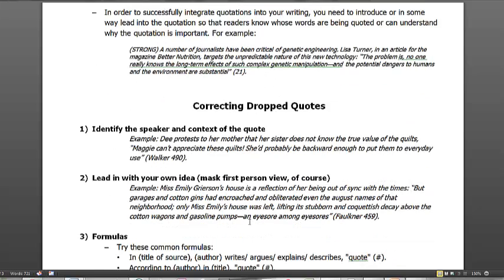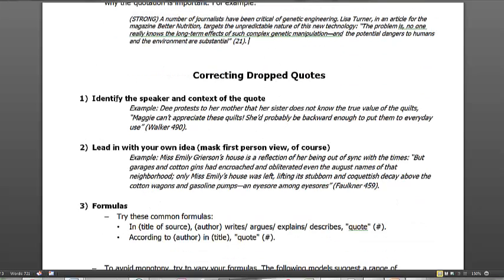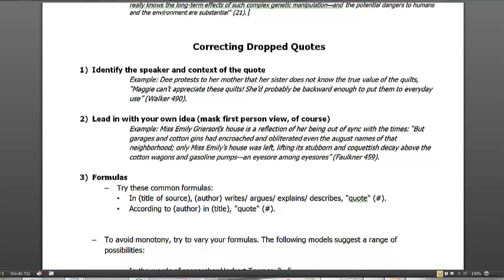Okay, so things you want to be aware of to avoid dropped quotes, or to correct them if you have them, is to make sure that you've identified the speaker and the context, so you know who is talking and what's going on, and that you start out with your own idea. So you're not just summarizing, but you're putting in some analysis here.